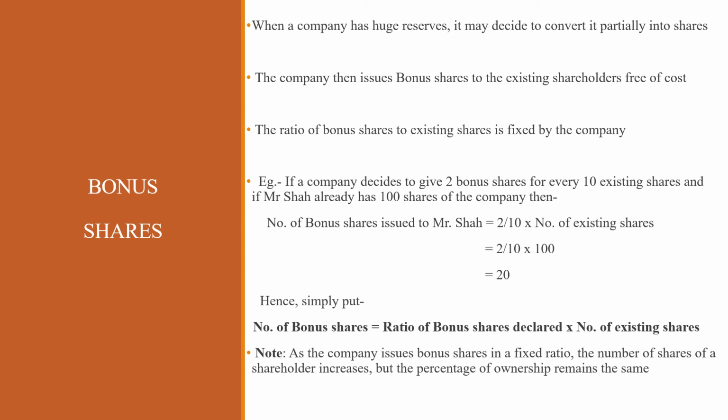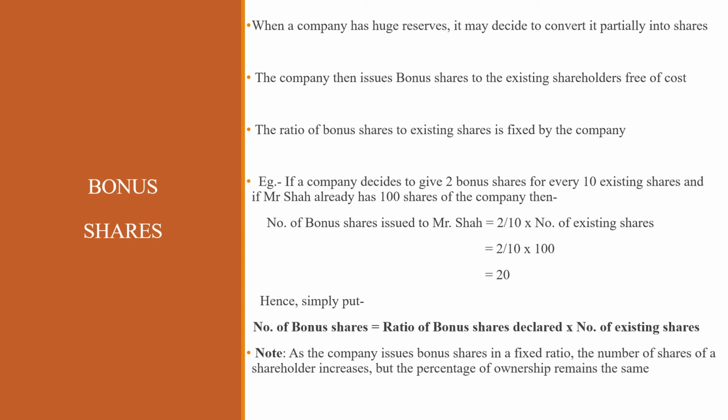For example, if a company decides to give 2 bonus shares for every 10 existing shares, and let's say Mr. Shah already has 100 shares of the company, then the number of bonus shares issued to Mr. Shah will be in the ratio of 2:10. That is, he will be getting 2 upon 10 multiplied by number of existing shares, which is 2 by 10 multiplied by 100, which gives us 20.